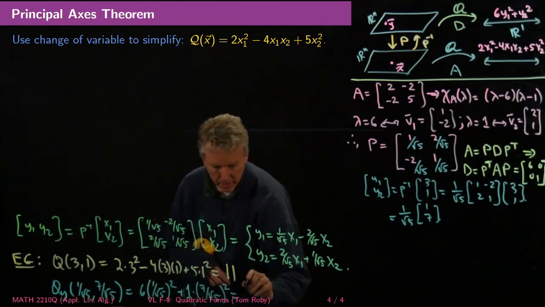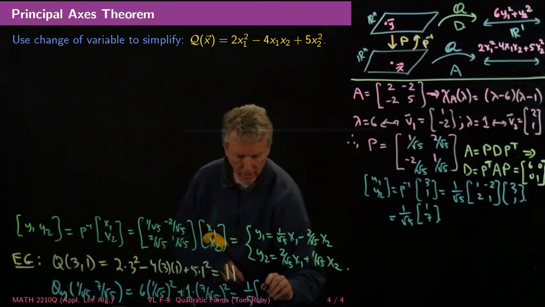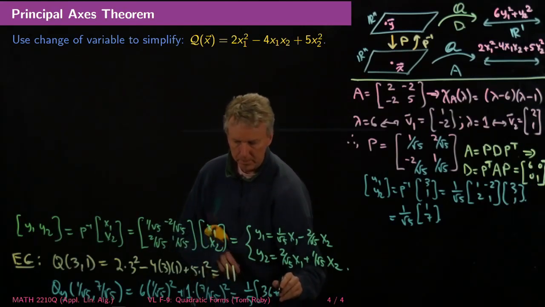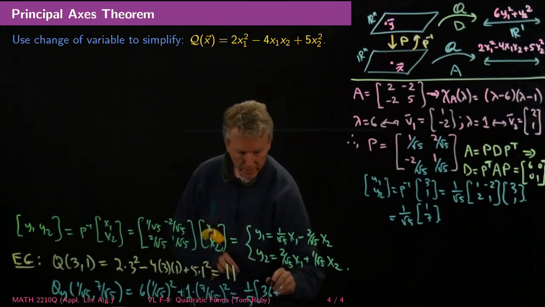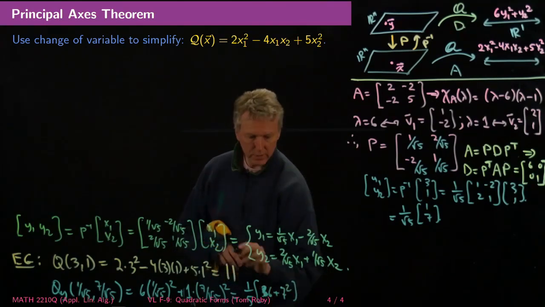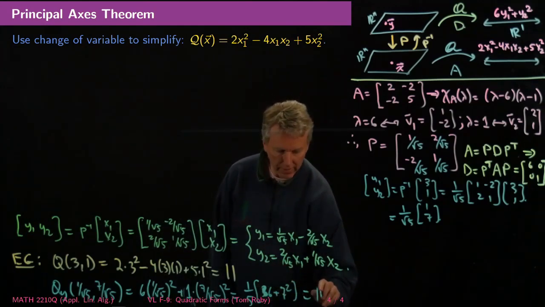The 1 over square root of 5 squared just becomes 1/5, and I get 1/5 times 6 plus 7 squared, so that's 49 plus 6 is 55 divided by 5 is 11.